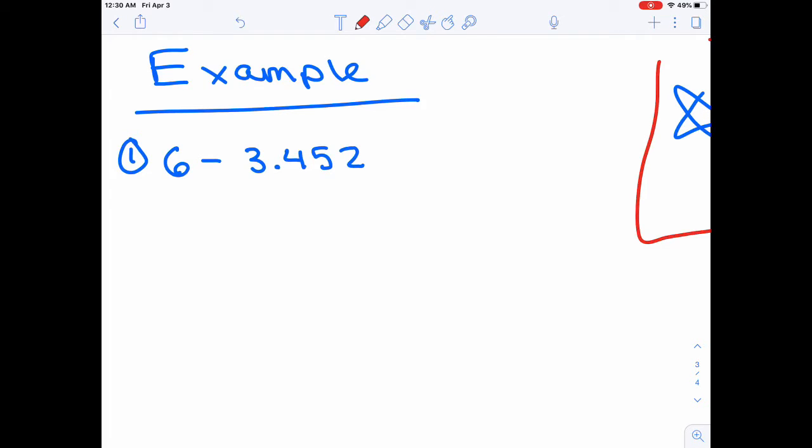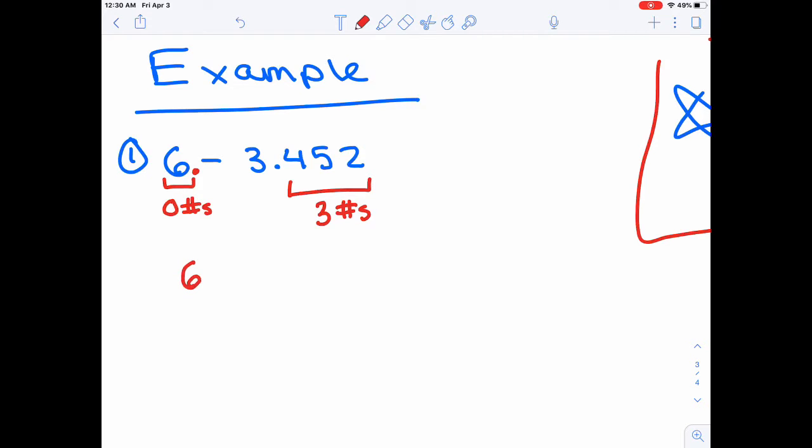So again, just like with adding, we want to make sure we have the same amount of numbers to the right of our decimal point. So with 3.452, we see that we have 3 numbers. And with this 6, we technically have 0 numbers after our decimal point, right? So we want to make sure that they both have 3 numbers after our decimal point.